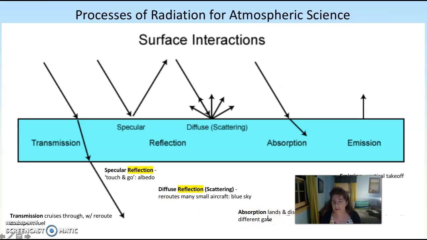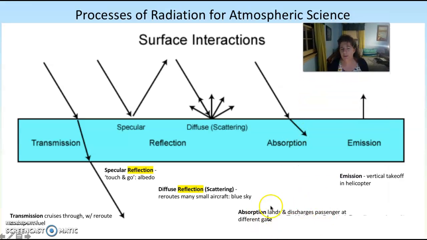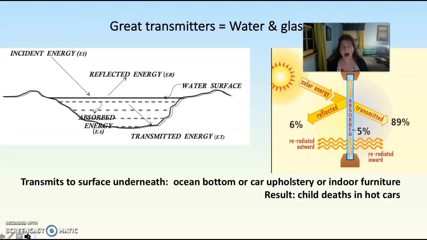Then we have absorption. That's when the rays land and discharge their passengers and discharge their energy to the object or the surface. And then finally we'll have emission, that's like vertical takeoff of a helicopter. I'm not sure what that helicopter is, the name of it. But those are the types and how they interact with surfaces.